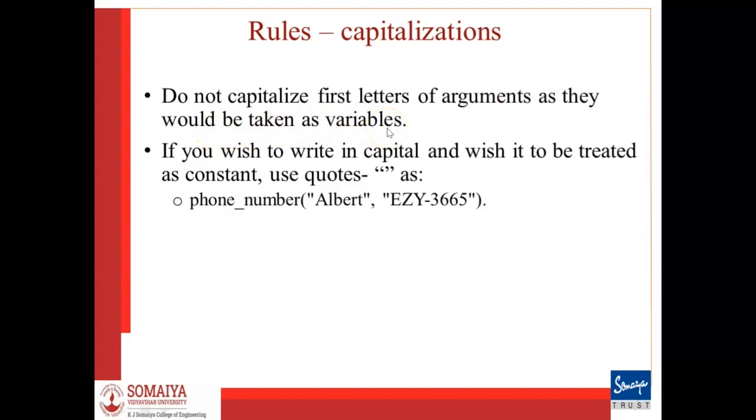Still, if you want to use capital letters, then we may use quotes like the one expressed in this example, wherein Albert has A as a capital. We can write it in double quotes, and in EZY, wherein E is capital, the letters are not so important. So over there we can use quotes and decide whether those should be taken as free variables or as constant values.